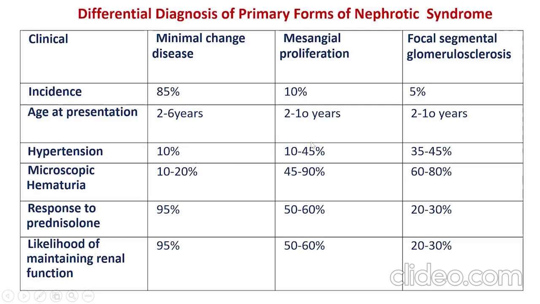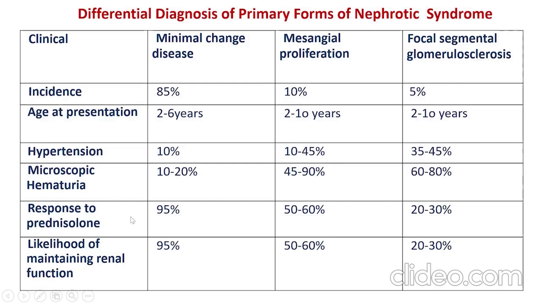It is more typical for mesangial glomerulonephritis, up to 45%, and the most typical for focal segmental glomerulosclerosis, about 50%. Hematuria is present in 20% of cases of minimal change disease and up to 90% of cases of mesangial glomerulonephritis, as well as 80% of cases of focal segmental glomerulosclerosis.